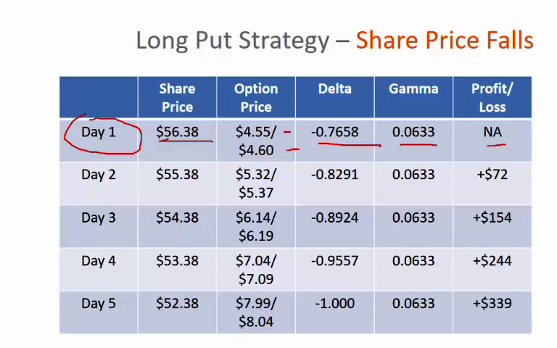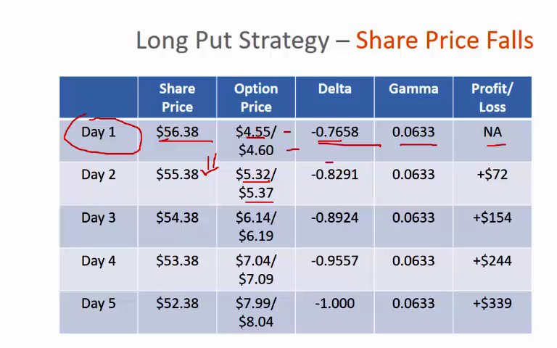But let's say in day two now, the share price has decreased by $1. You can see that our option price has gone up by the previous day's delta amount. Remember, when a share price drops, the delta becomes positive on the option's price because a negative one multiplied by a negative delta becomes a positive. So 455 plus your 77, we'll round it up to 77, gives you 532, and then 460 plus your 77 gives you 537.